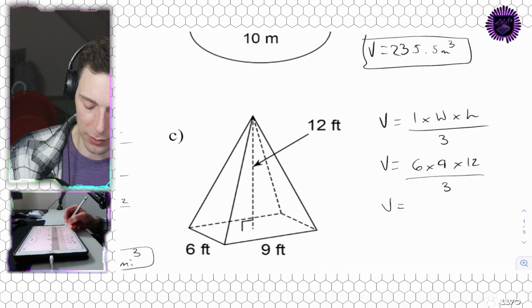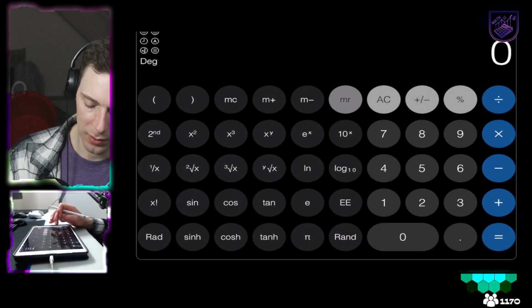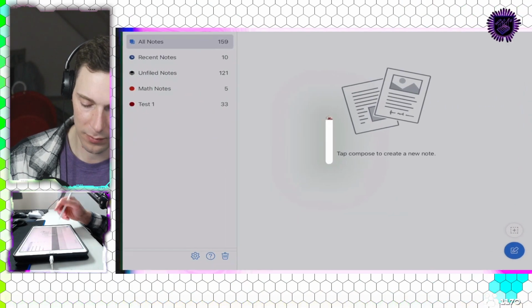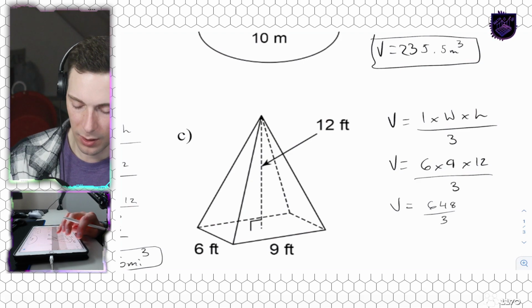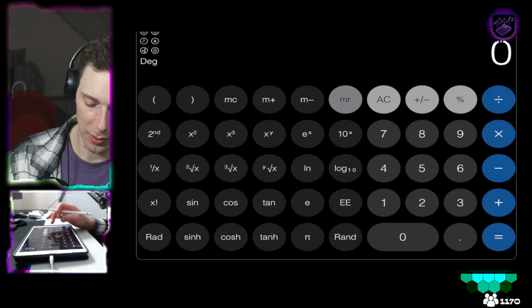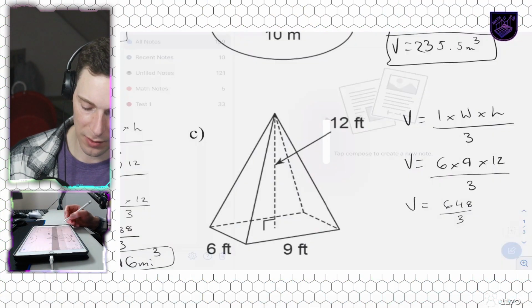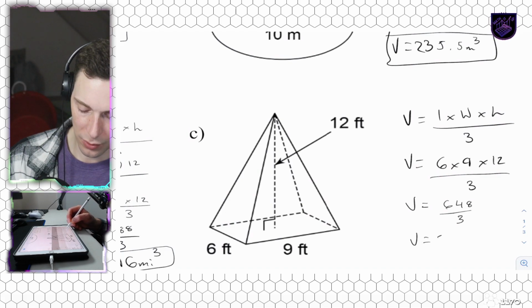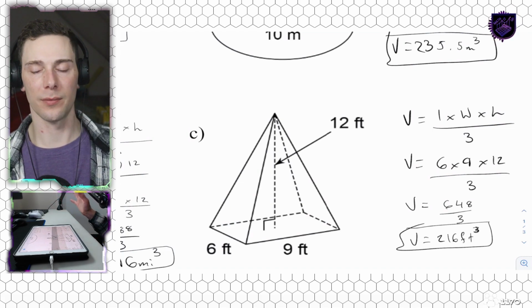I'm just going to use my calculator. 6 times 9 times 12 is equal to 648. 648 divided by 3. And that is going to be a whole number. 648 divided by 3 equals 216. Volume is equal to 216 feet cubed. Square my answer. And that is it.